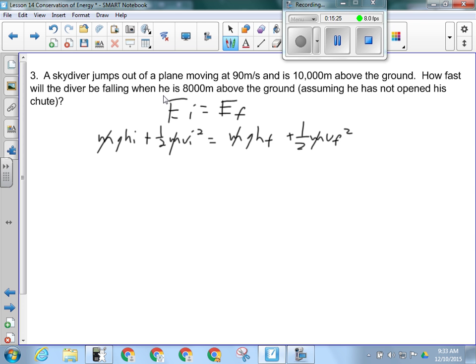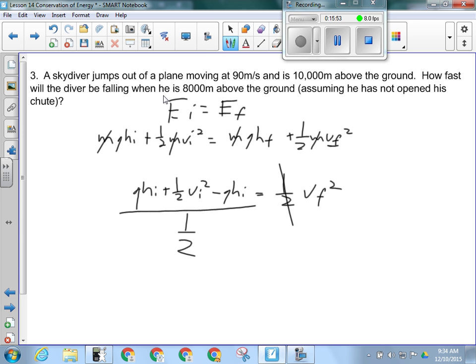I'm trying to solve for this. So what do I need to move first? mgh. Well, actually just gh now. And how do I move it? Subtracting it. So ghi plus 1/2 vi squared minus ghf equals 1/2 vf squared. What do I do with the half? Divide.